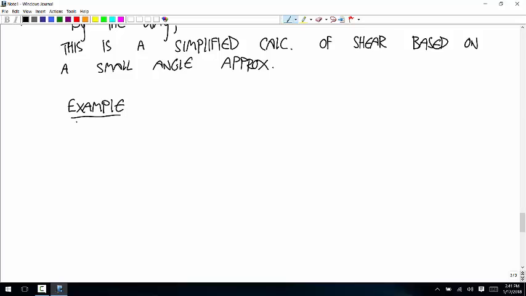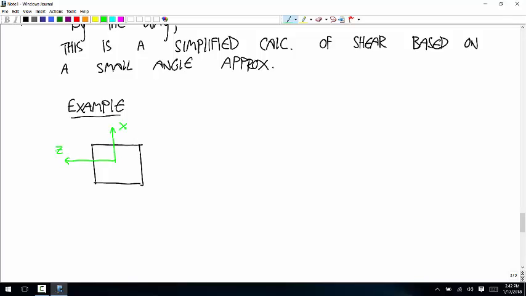Here's an example. Let's say that we start out with a material like this, and we're going to use a coordinate system where this is x and this is z. So which direction is the y-axis? It's into the page, because x cross y has to equal z.